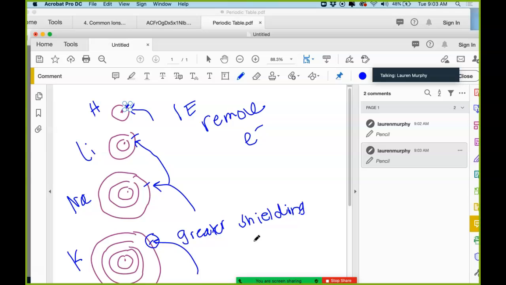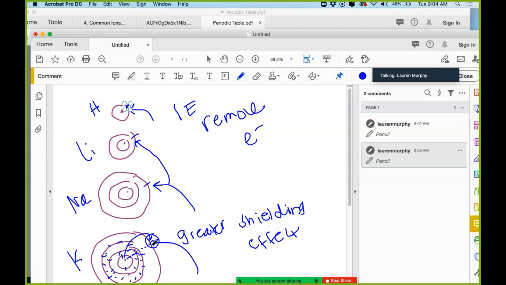Do you remember what shielding effect is? It's the fact that to have the attraction between the nucleus and this outermost electron, there are all of these electrons in the way, blocking the nucleus from being able to attract this outermost electron.